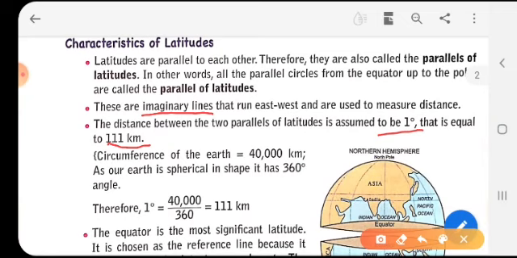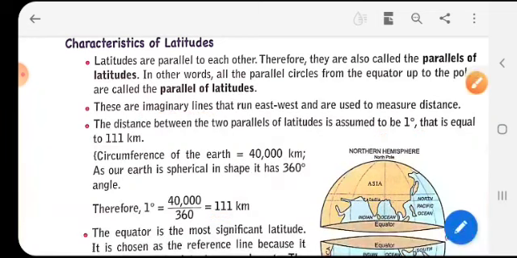The circumference of the Earth is around 40,000 kilometers, and the sphere is 360 degrees. To get a 1 degree difference, the kilometers are divided by the degrees. That is 40,000 divided by 360 degrees, which gives 111 kilometers.